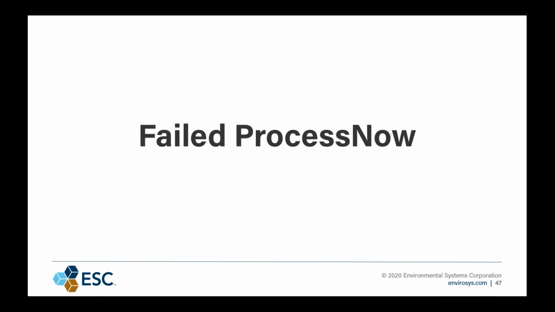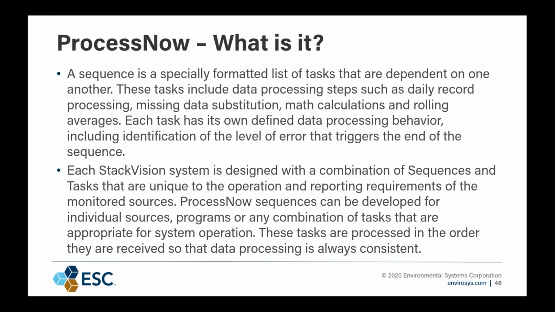So we're going to be covering a little bit of Process Now when it comes to your data. So what is Process Now? Your Process Now sequences will be a list of tasks that are dependent on one another.